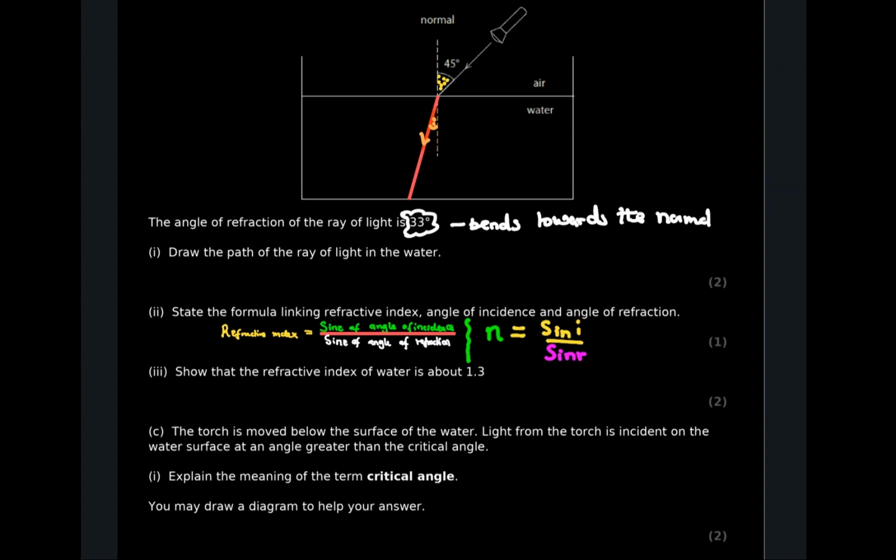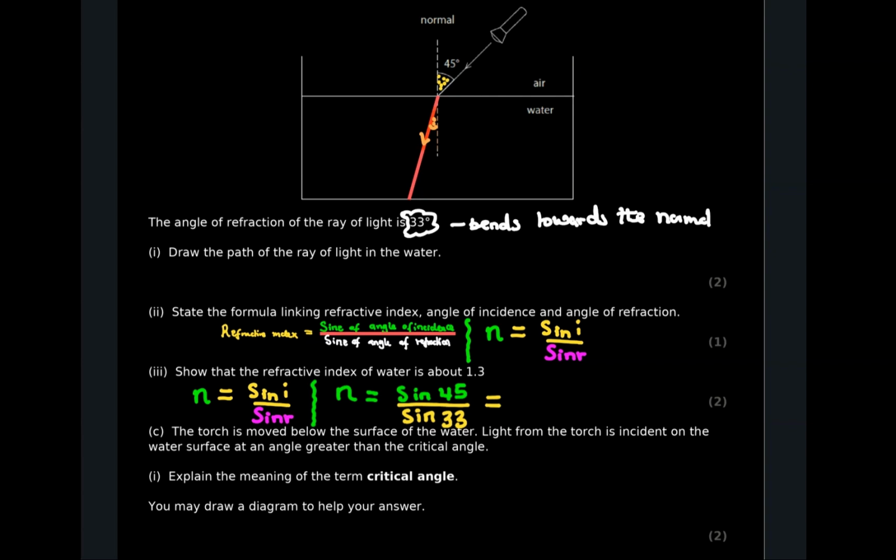So let us go ahead and work it out. Remember, refractive index equals sine i over sine r, and in our case the angle of incidence is 45 degrees, and the angle of refraction is 33 degrees, because it was given on the diagram below, the one that I've circled.